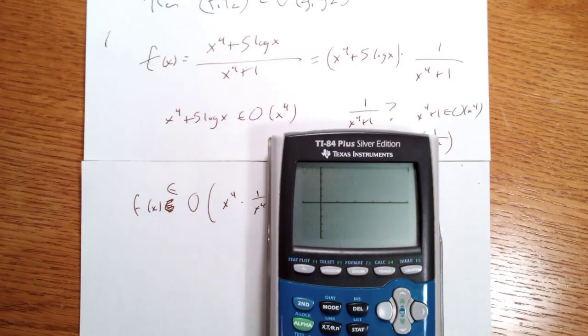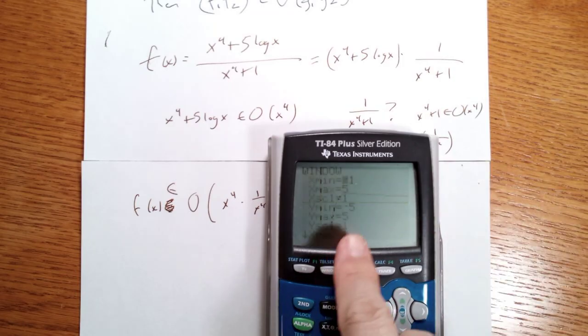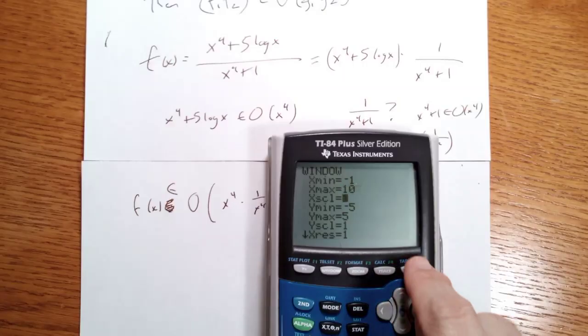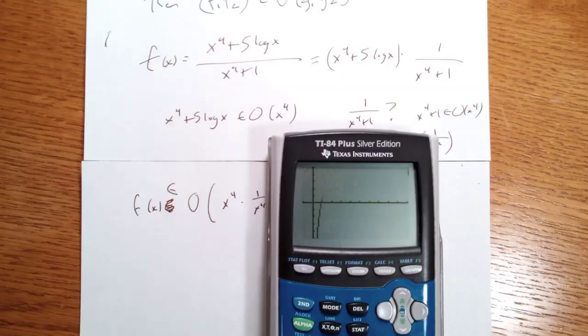When I see that, what's going on? Oh, there's my function. And as x goes off to infinity, that seems to be getting closer and closer to y equals 1. As a matter of fact, if we look at a larger x range, we can see it much more clearly that that's got to flatten out, isn't it?